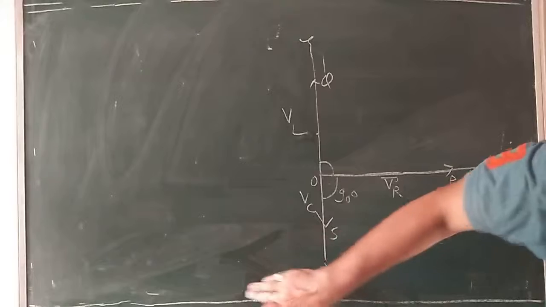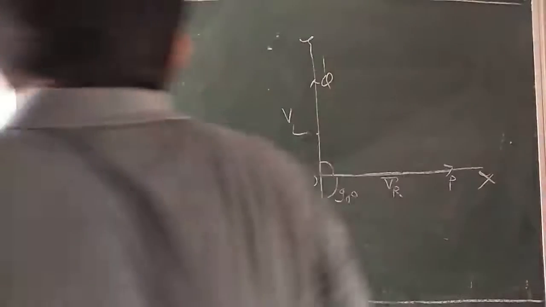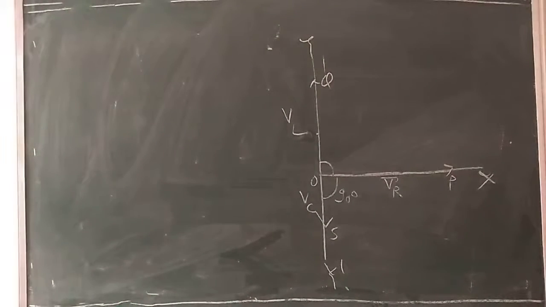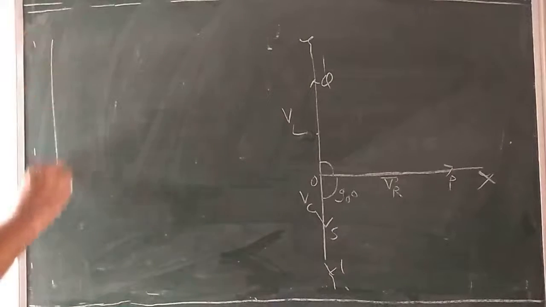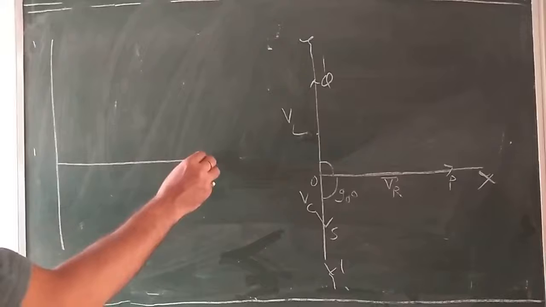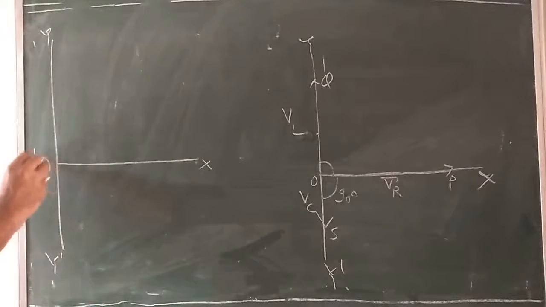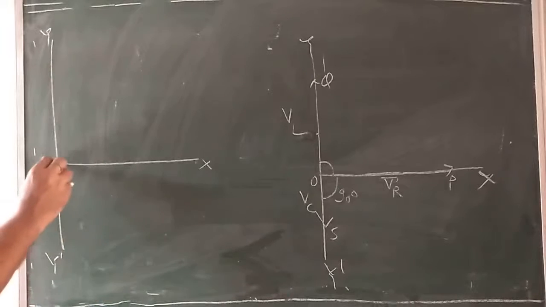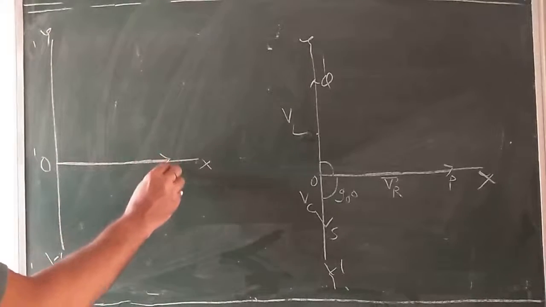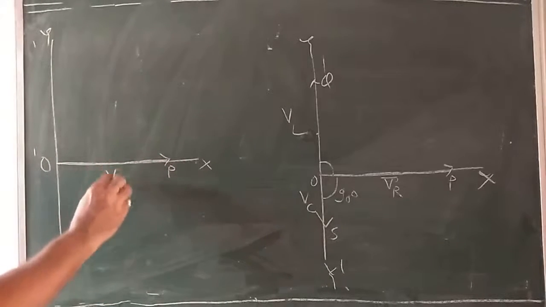Now, if I want to draw the phasor diagram here, it is something like this. Say this is our x-axis, this is y-axis, and here is y dash. This is O. The vector OP represents VR.